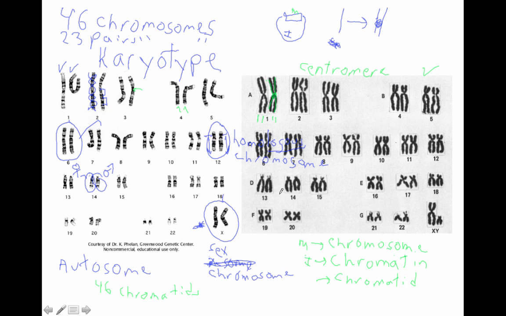And over here, remember we said we had 46 chromosomes, 23 pairs. That's because the chromosomes are attached. But each of these chromosomes contain 2 chromatids. So over here, we would say we have 92 chromatids.